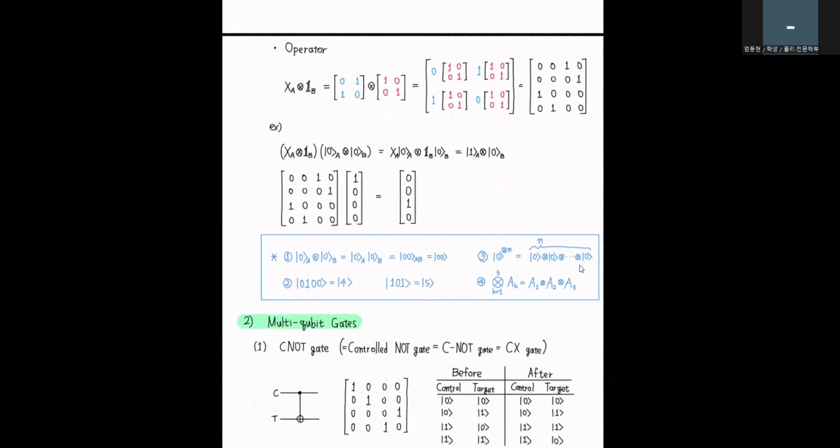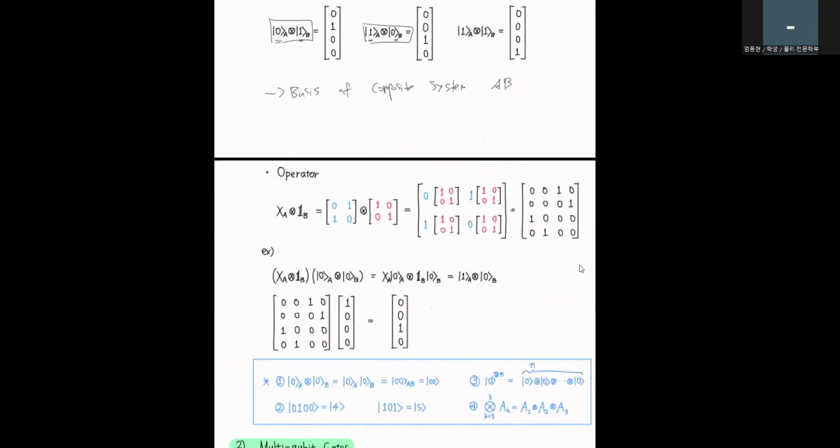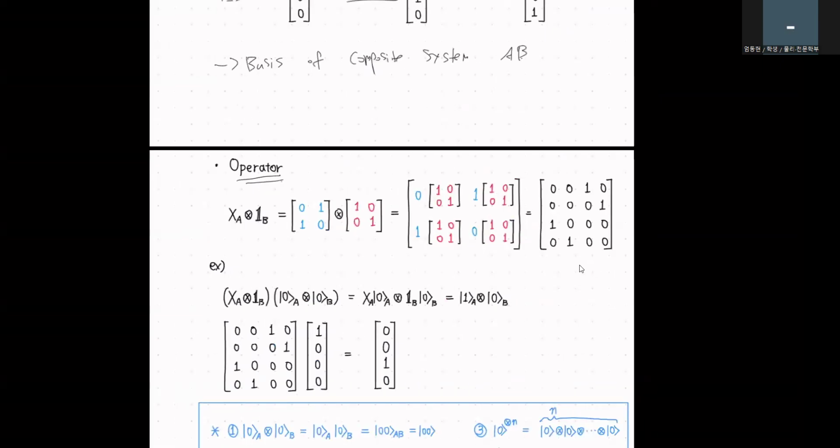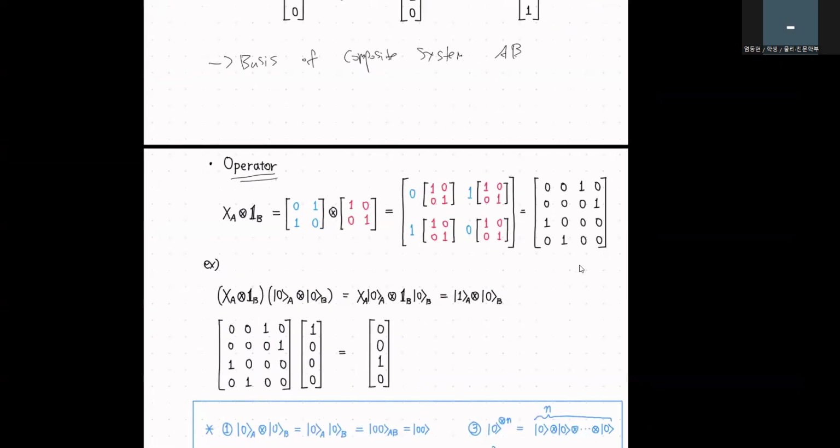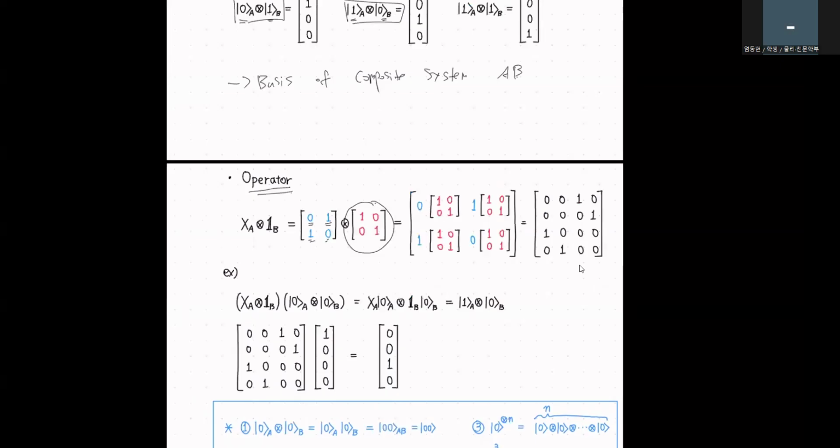Okay, so the next topic is what's called an operator of our composite system. We do the same thing as we did with states, except we take the tensor product of our two matrices. It's basically the same principle. We simply input this matrix into each different placeholder of the matrix on the left, multiply it by its value, and place it in its new place to form a new matrix.